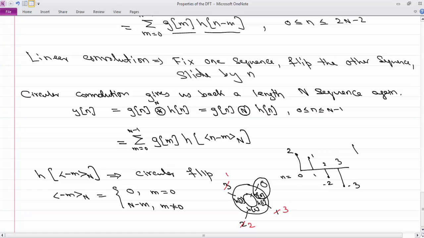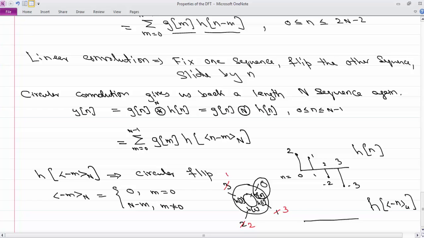Right? So if this was my h of n, a flipped version of that, h of minus n mod 4, or h of minus m, doesn't matter, it's just a dummy variable.